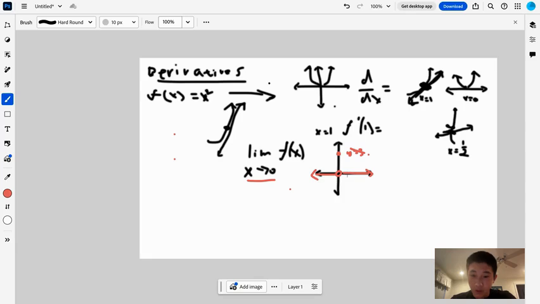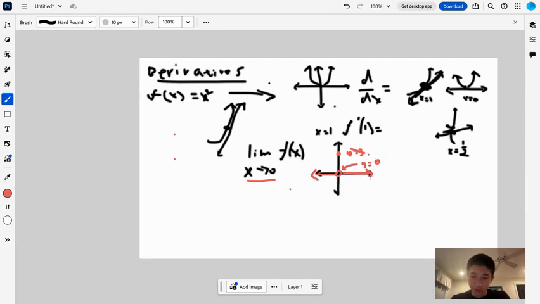Instead, because x approaches 0 and gets infinitely close but does not reach 0, it has to be this value right here. And this is a hole in the graph, so this is y equals 0, which is the correct value.